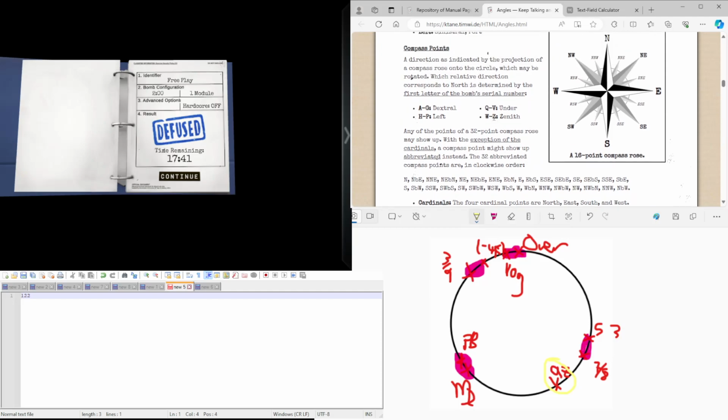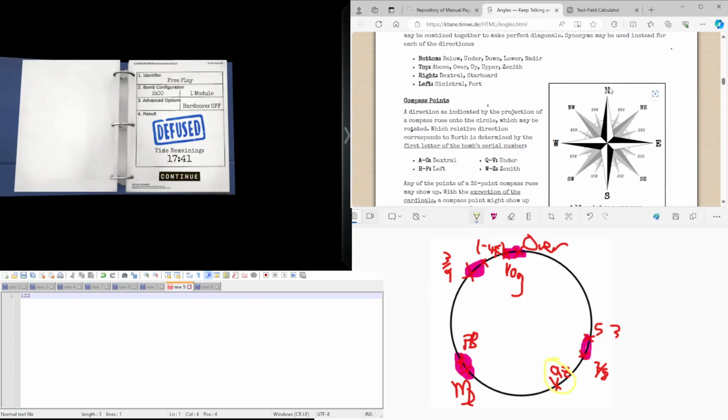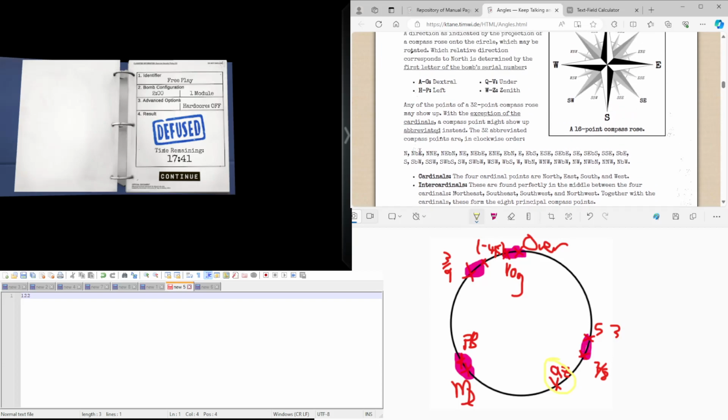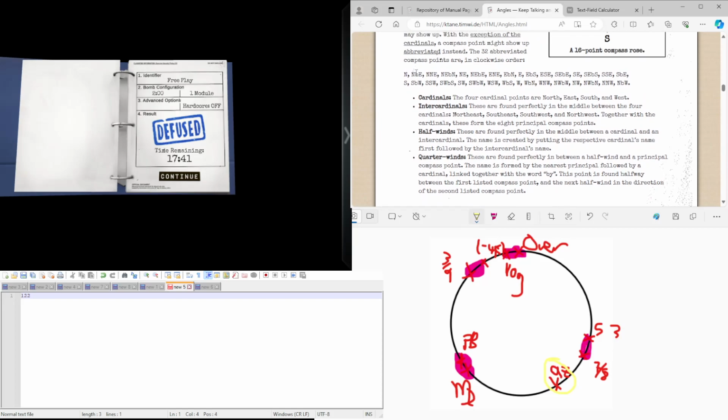And with compass points, I feel like pretty much everyone will be familiar with north, west, east and south. Northwest, northeast, southeast, southwest are the ones in between those. In between all of those are these ones in between. And then there's an extra one, which is quarter winds, which is denoted by the big letter, little b, another big letter, or 2 big letters on either side.